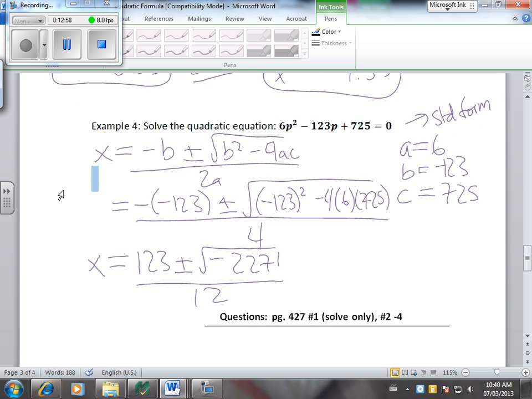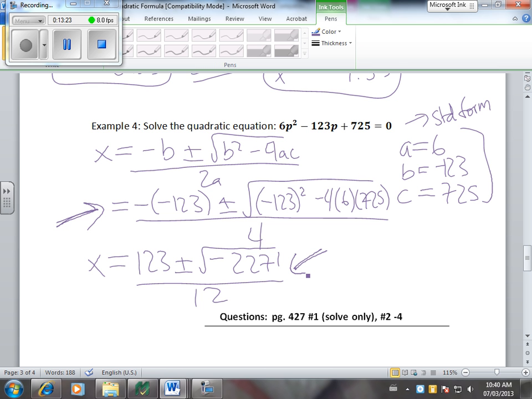But what happens is you'll see, are we in standard form? We are. We're using P, but it doesn't matter. It's still in standard form. So I write down my ABC values over here, and I plug them into my quadratic formula. Now what happens is I get down to this point here: 123 plus or minus the square root of negative 2271.